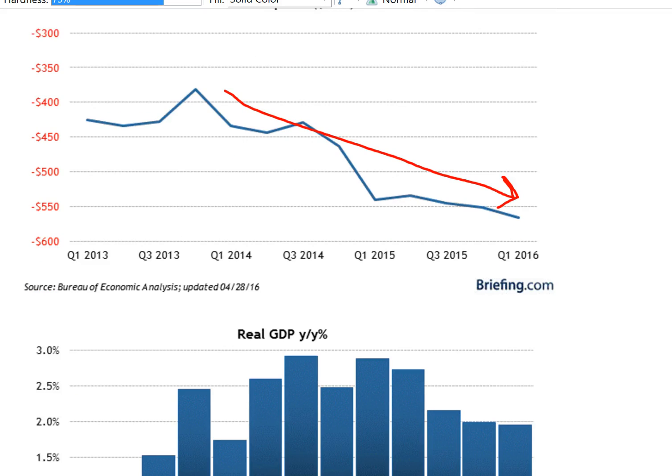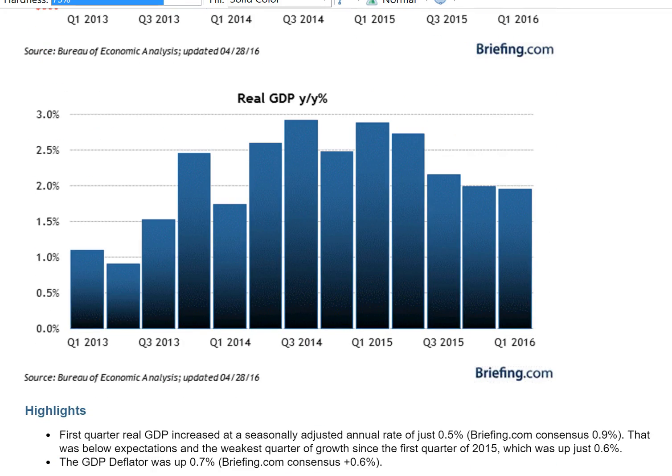Scroll down. Now this is the year-on-year GDP I was telling you about. Remember this data, this is the 1.95%. And you can see that this is relatively modest growth, and we're seeing a slowdown in growth in GDP here.